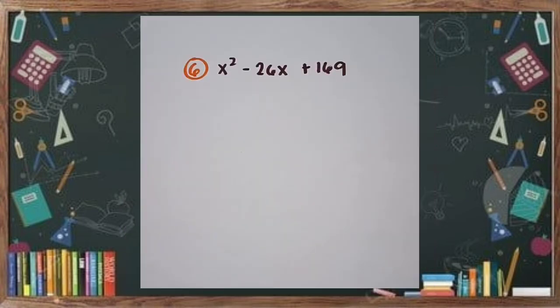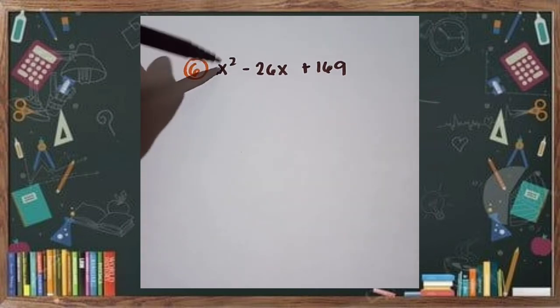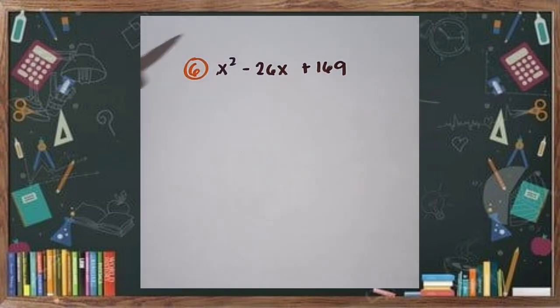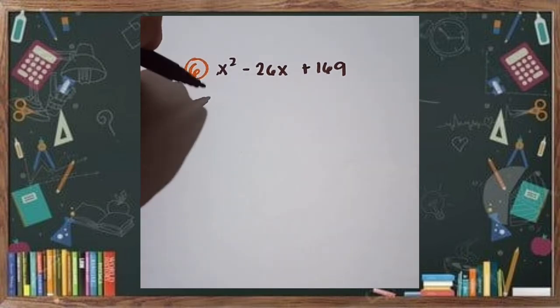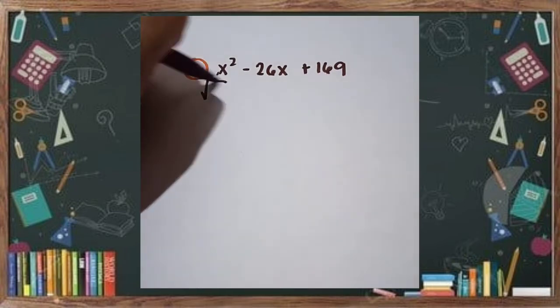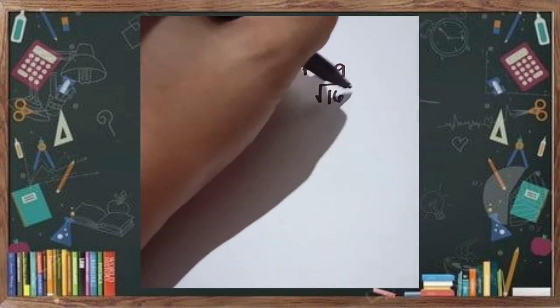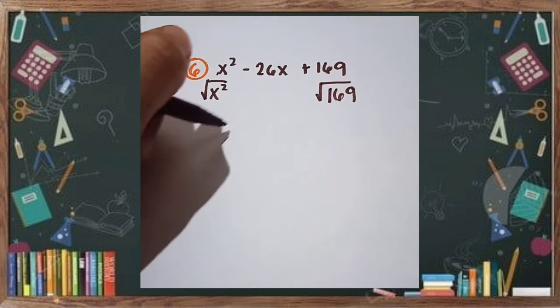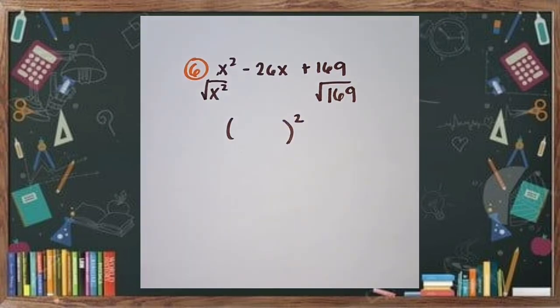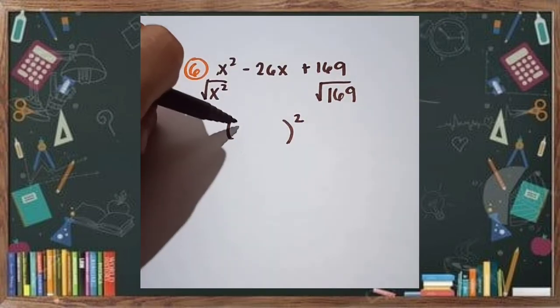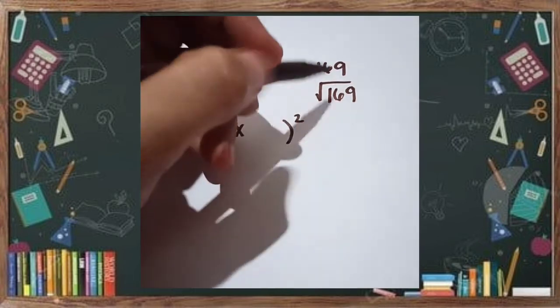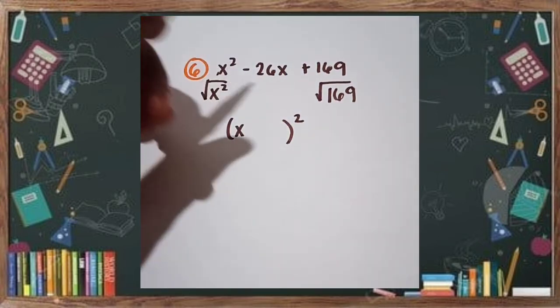Okay, so let's have another example. x squared minus 26x plus 169. Let's first determine the square root of the first term and the square root of the third term. So, what is the square root of x squared? It is x. What is the square root of 169?